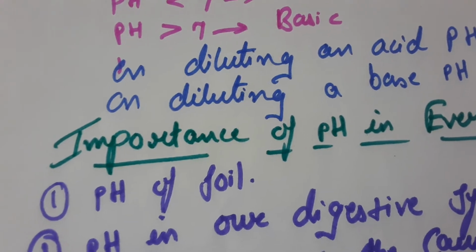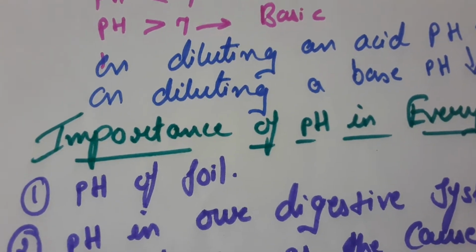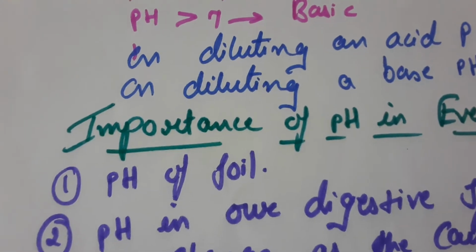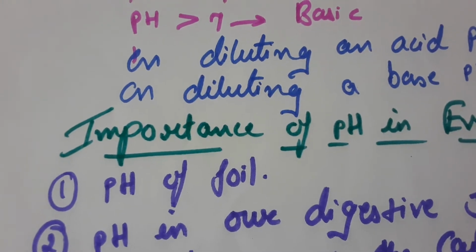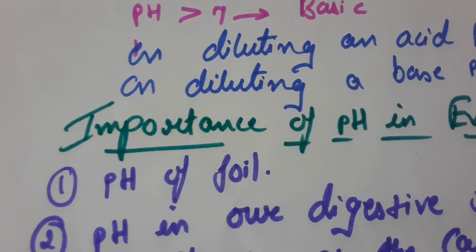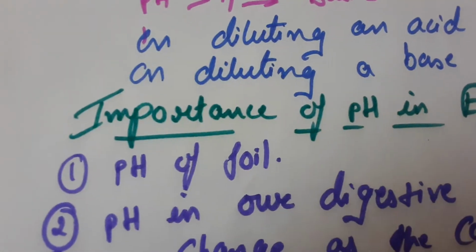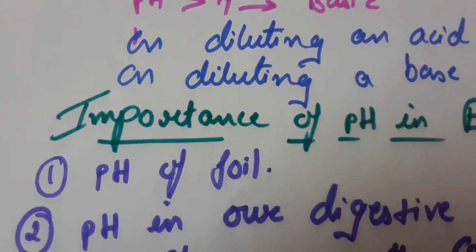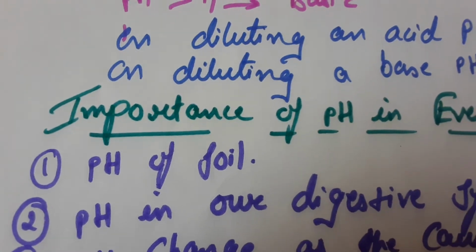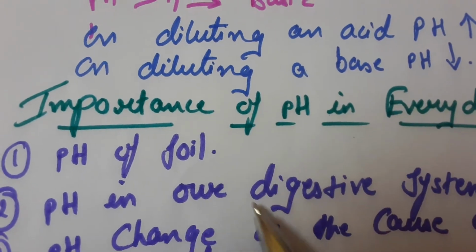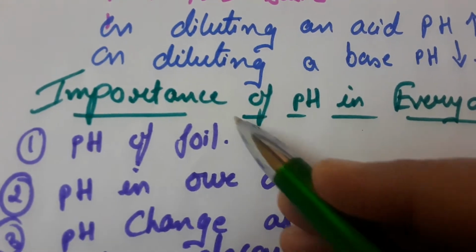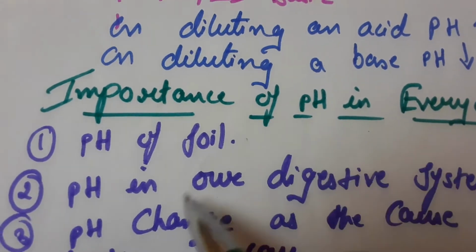Magnesium hydroxide is a base which acts as an antacid. It is a mild base and it is often used for the acidity problem. So that is the second importance of pH, the pH in our digestive system. I hope you have understood both points.